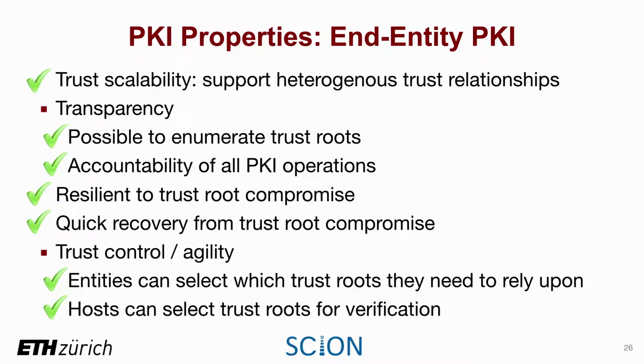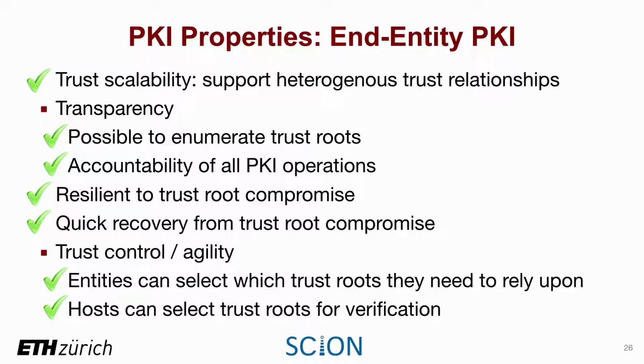So in conclusion, for the end-to-end PKI, the SCION end-entity PKI achieves all these properties. Trust scalability is given by the use of isolation domains. Transparency is given through the log services, where it's possible to enumerate all the trust roots which are listed in TRCs.